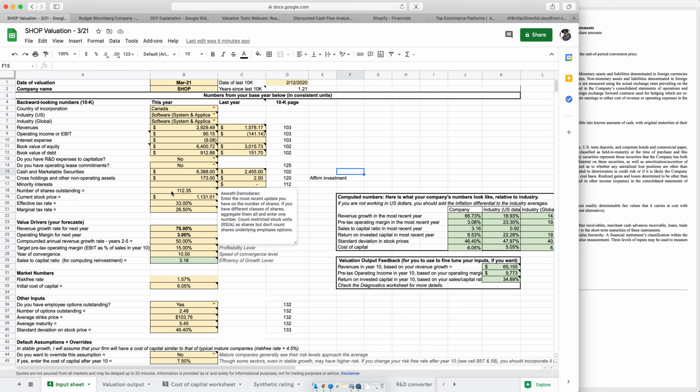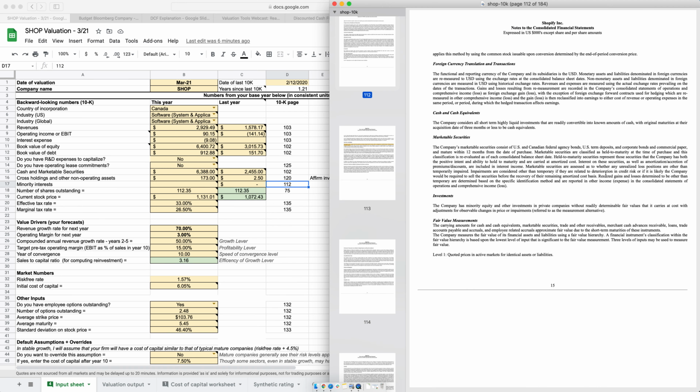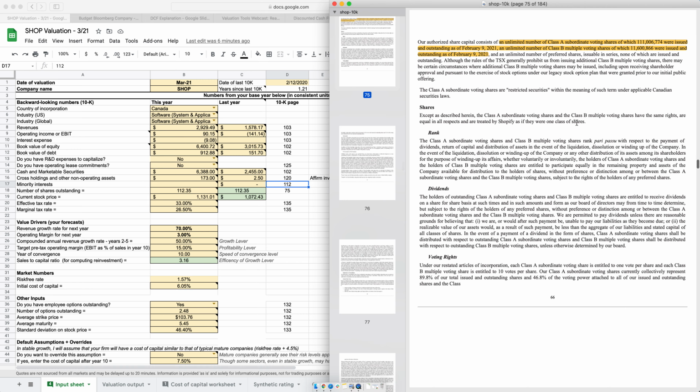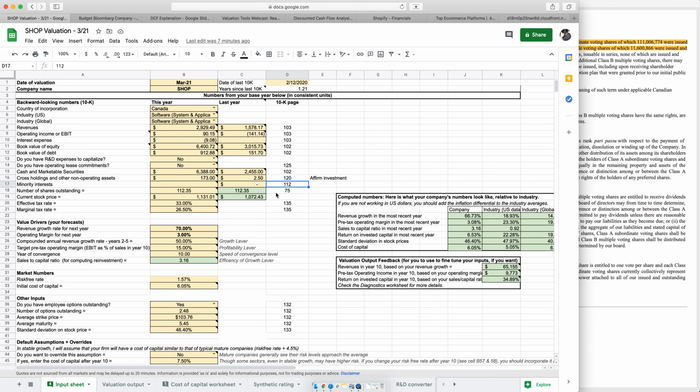And then lastly, we just need to know what is the latest number of shares outstanding. You can get that from the financials. I believe it's listed here. Actually, yeah, it looks like it's listed on page 75. They list out how many shares they had when this was issued. Of course, this is usually information that people have more publicly. I actually pulled this, I believe, just from Google Finance.